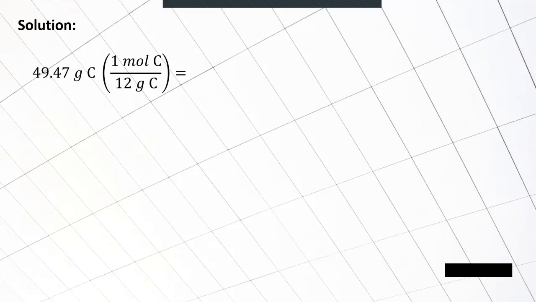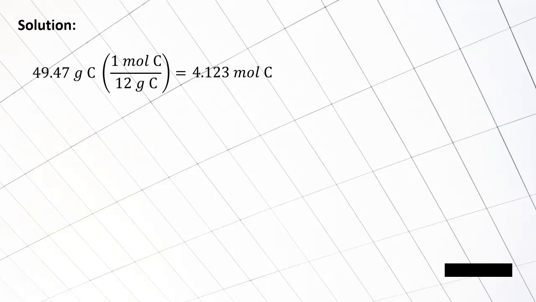So to solve for the empirical formula, we will assume a 100-gram sample. From our 49.47 mass percent of carbon, we will have 49.47 grams of carbon. Next, we will multiply 49.47 grams of carbon by its gram-mole ratio. We know that on every mole of carbon, there are 12 grams according to the periodic table. Also, class, take note that the values may vary from each periodic table.